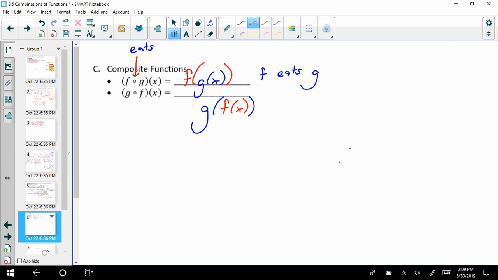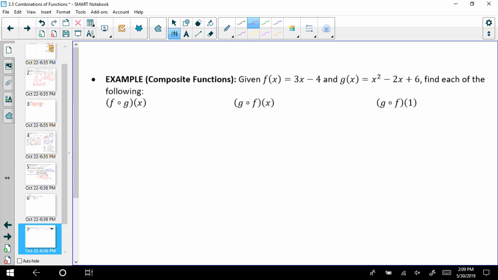So let's try them. So given that f is 3x minus 4 and g is x squared minus 2x plus 6, find each of the following. So f eats g. I'll color code it. So we are going to take the g function and we are going to substitute it into the x's of the f equation. So here's my f equation.